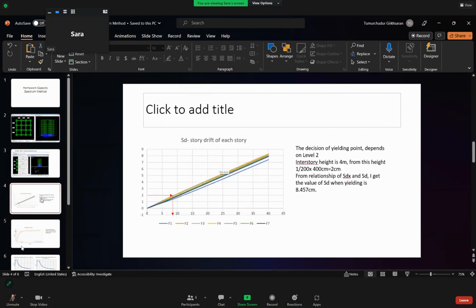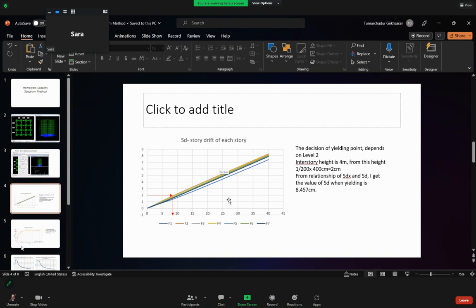After that, the story drift of each story is known. The decision of the yielding point depends on level 2, and from this height we can calculate 2 centimeters in here. So you assume 1/200 drift. Yeah.